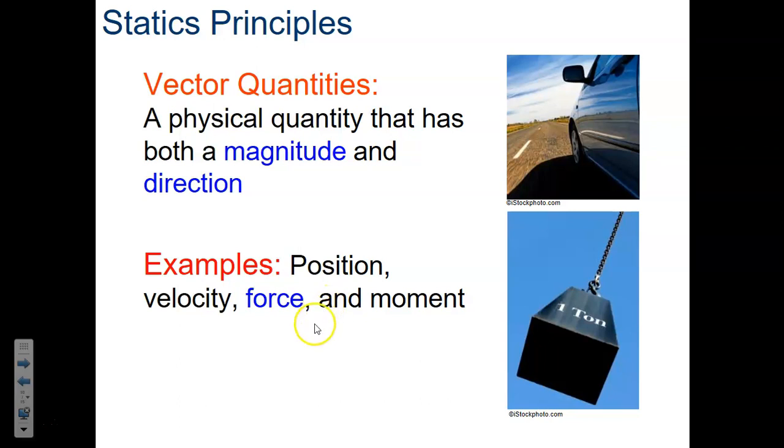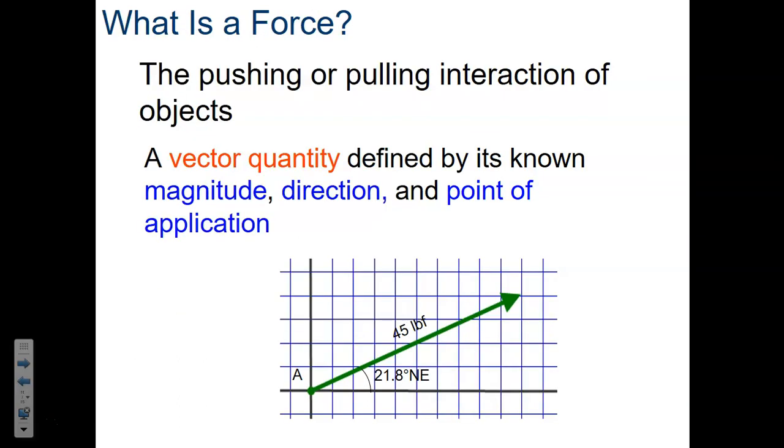You should know these terms from physics from freshman year. Velocity is a big one that has a direction. Force is also going to be a big one in this unit, and it also has a direction, either up, down, left, or right, or at some angle. And moment or torque is also going to be a big one in this unit, either clockwise or counterclockwise.